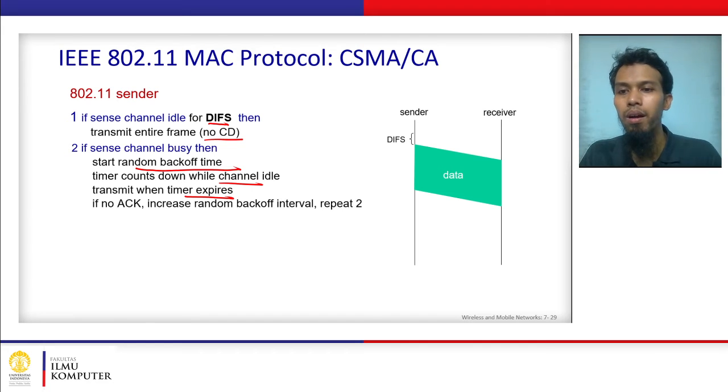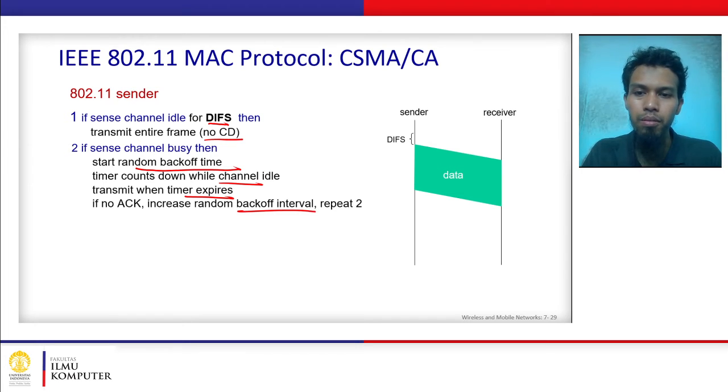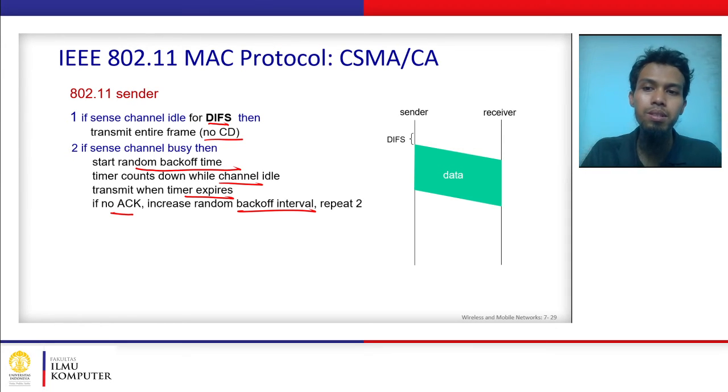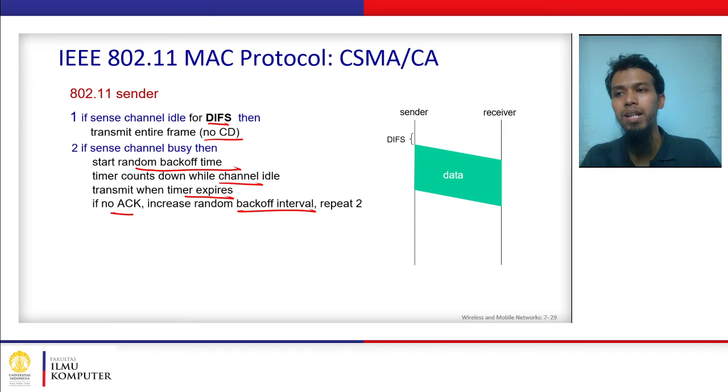But if it is still busy, we wait again and increase the random backoff time. If there is no acknowledgement, meaning the data was not received, we'll talk about acknowledgement later, then we repeat this step: start a random backoff time and count down until the timer expires.